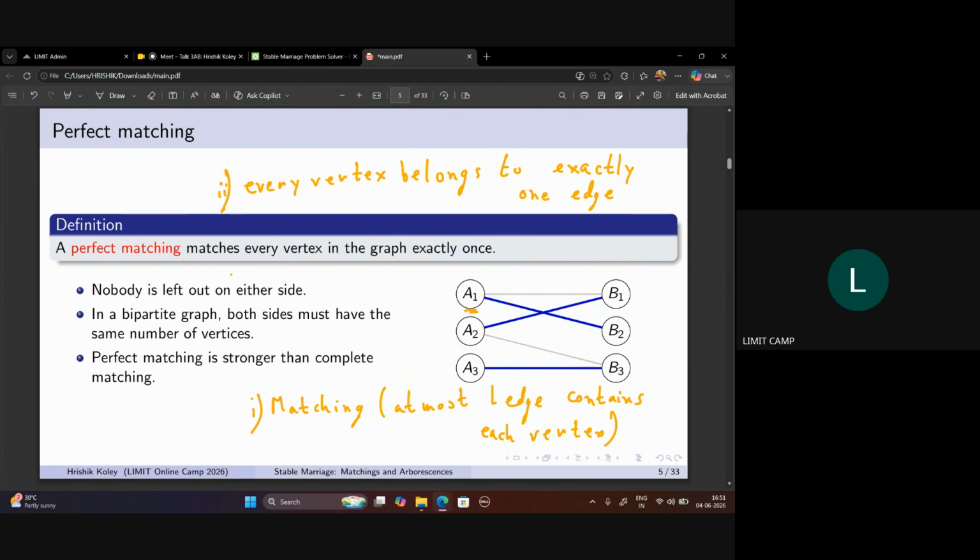That is the basic difference between a complete matching and a perfect matching. A complete matching is with respect to a particular set of vertices that might not be the entire vertex set.